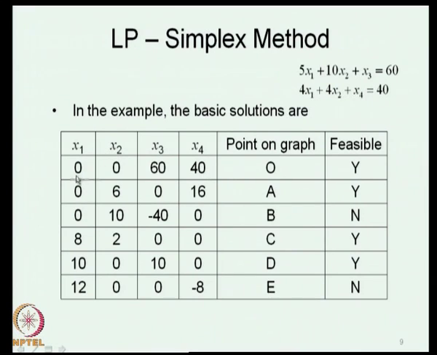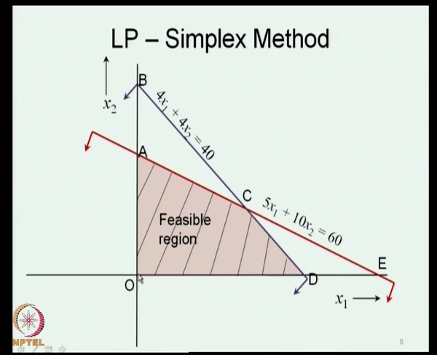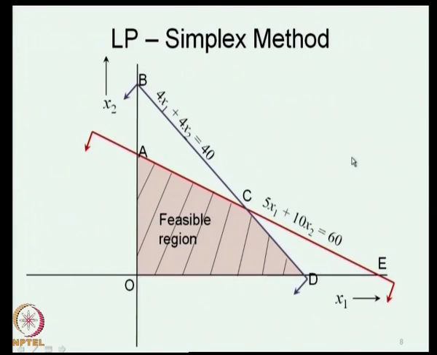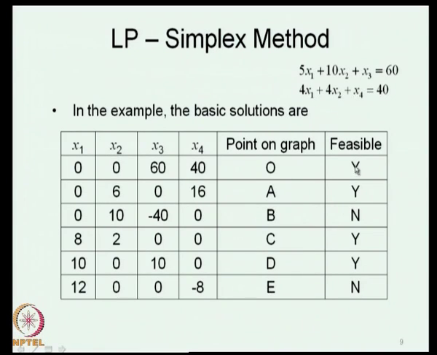So, this is the solution. And look at the graph, this is the point where x 1 is equal to 0, x 2 is equal to 0. So, the point on the graph is O. Is it a feasible solution? It is a feasible solution because it is on the boundary of the feasible region. So, it is a feasible solution.